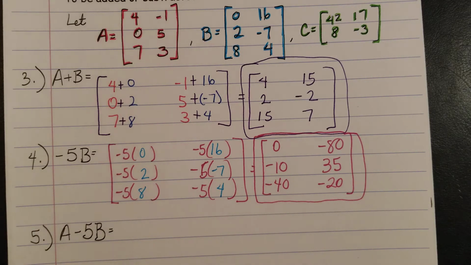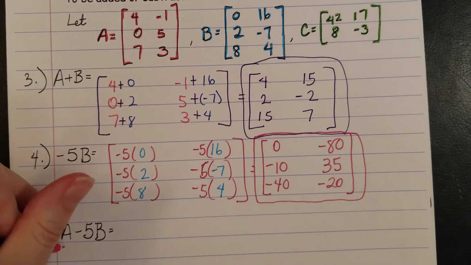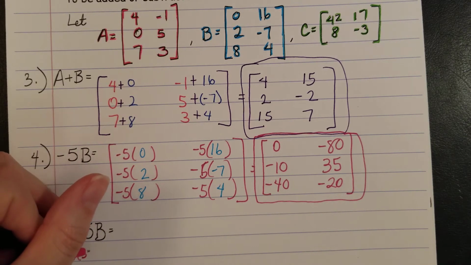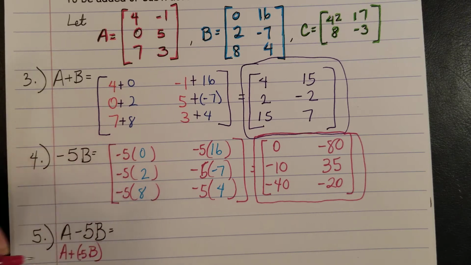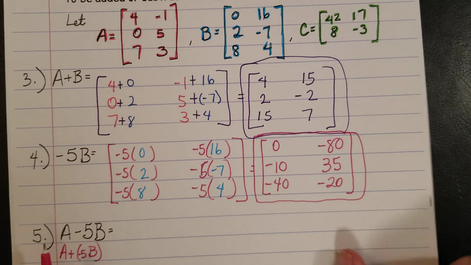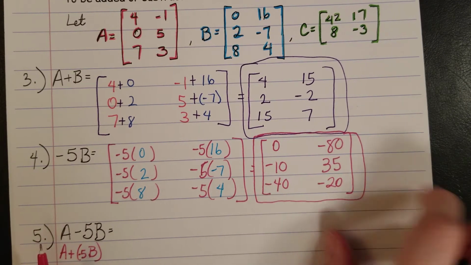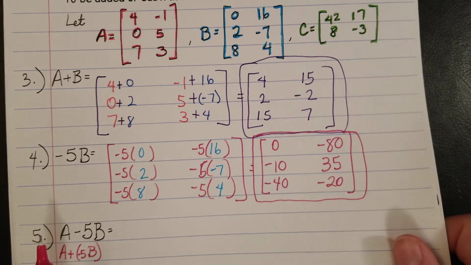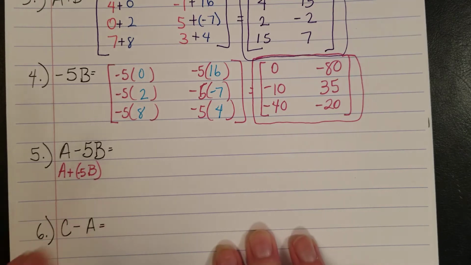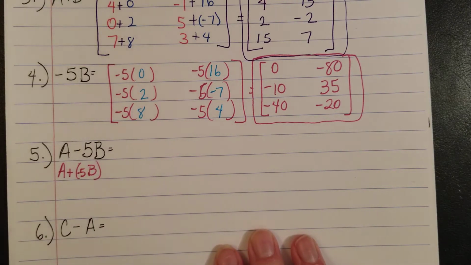So you could think of that as A plus negative 5B. But a lot of times you might see a question where you didn't just have a question like that. So I'll probably just go ahead and ignore this and write it down as if I was just doing it without this.